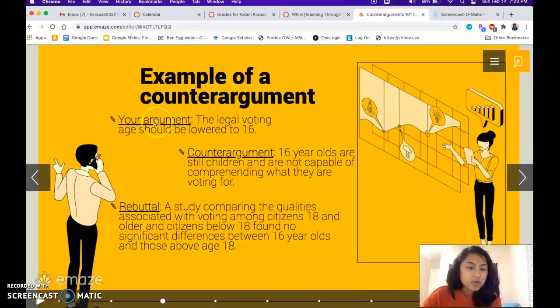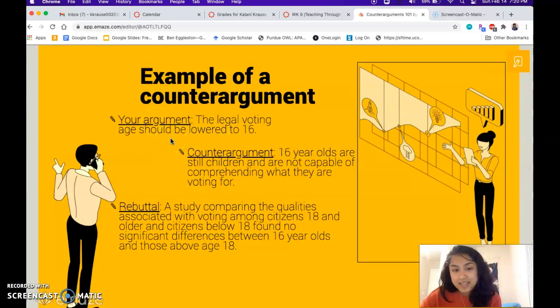So let's say that your argument is that the legal voting age should be lowered to 16. Well, someone who does not agree with you might say, hey, I don't think 16-year-olds are capable of voting because they're still children and they don't comprehend what they're voting for. Now, your job as the writer, as the defender of your argument, is to defend your argument and prove them wrong.